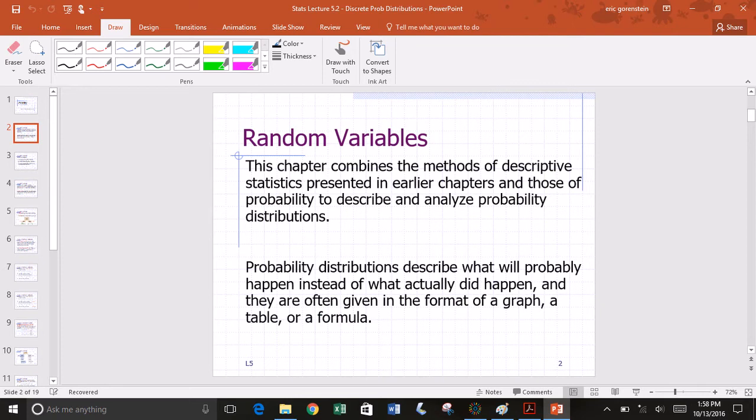So the first one is the concept of a random variable. We're going to be talking about, in general, two different types of probability distributions, the discrete and the continuous. Discrete and continuous probability distributions we deal with in very different ways.